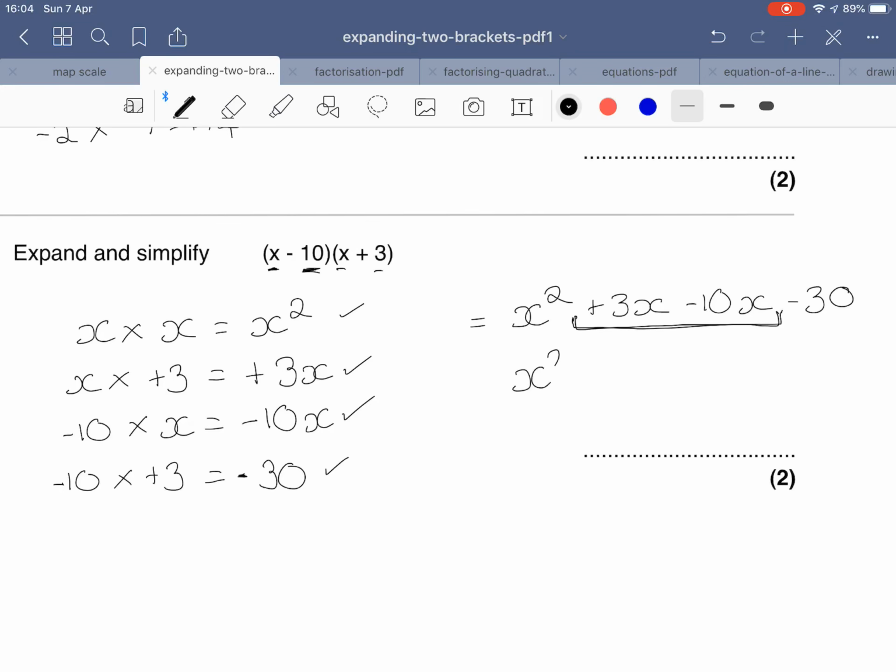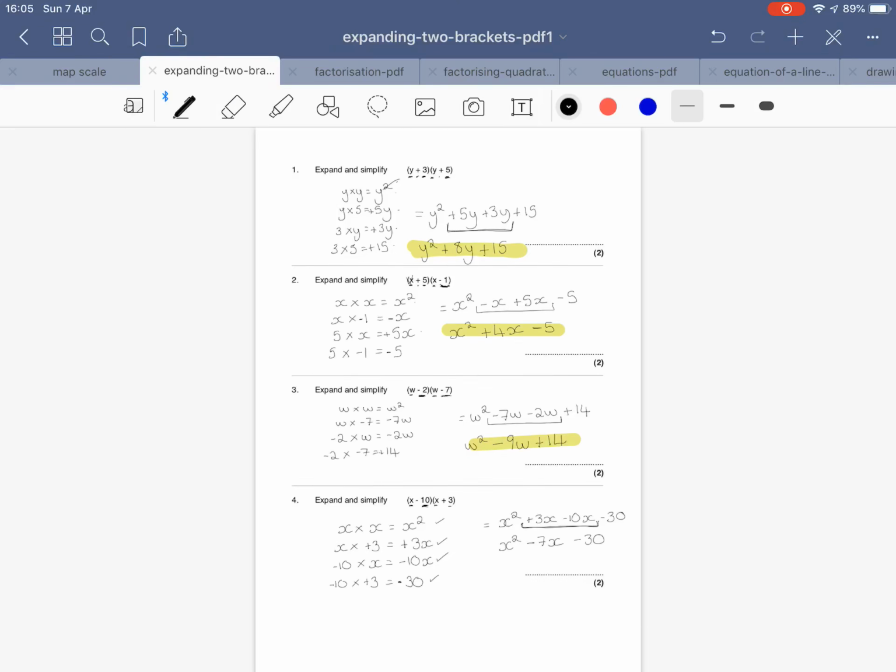So the rest stay the same. The x squared stays the same, and we got plus 3 minus 10 gives us minus 7x, and then the minus 30 stays the same. Oh, I didn't highlight it, and that's the answer.